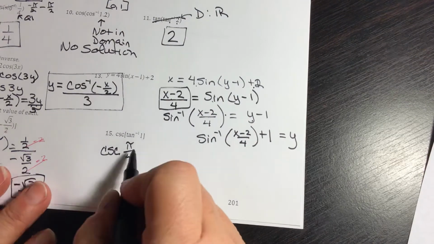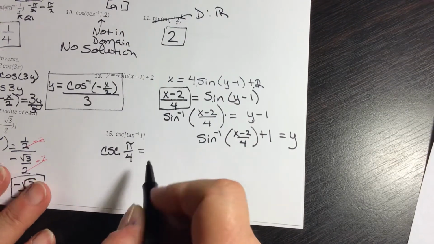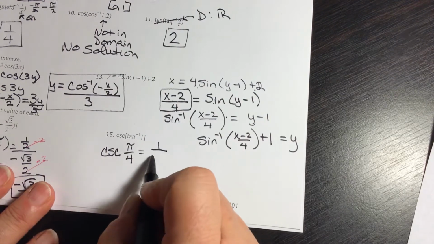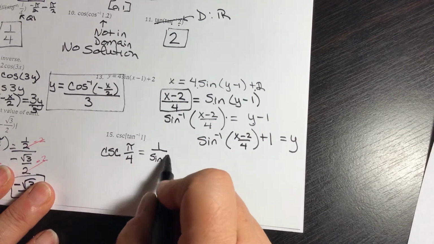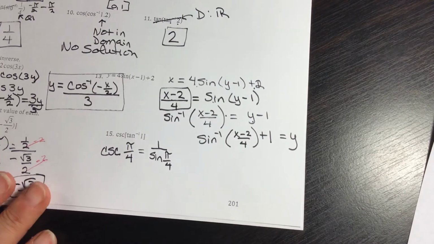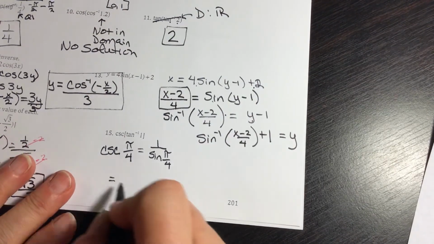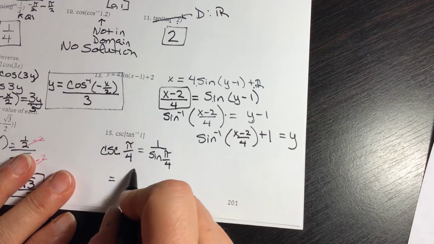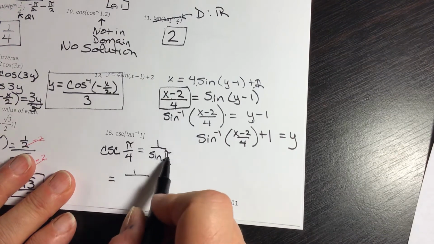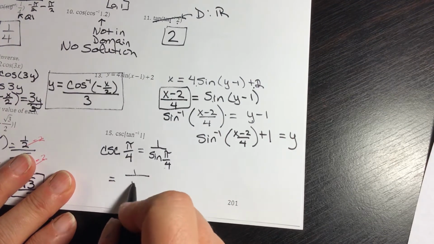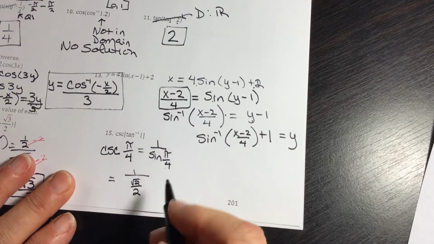This is the same as 1 over sine of pi over 4. And sine of pi over 4 is square root of 2 over 2.